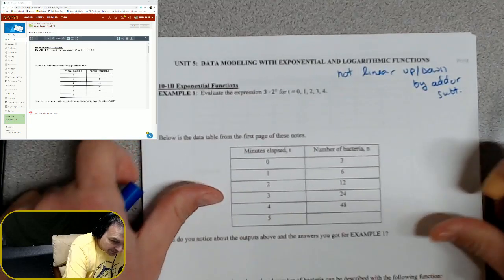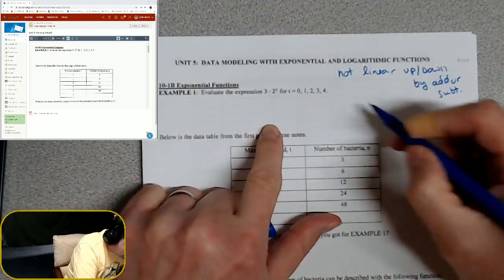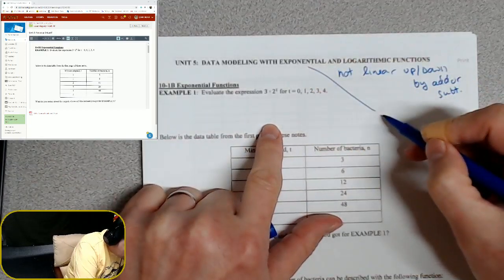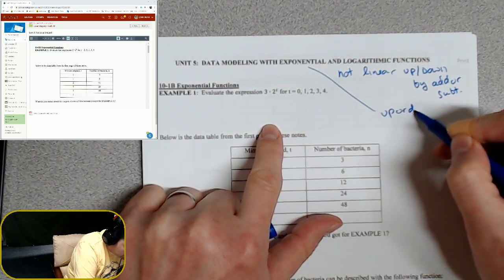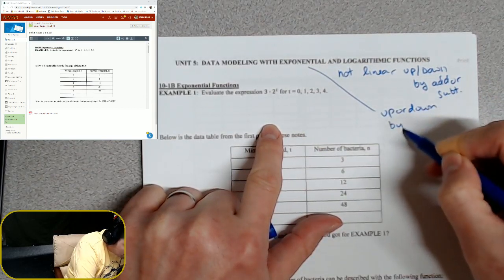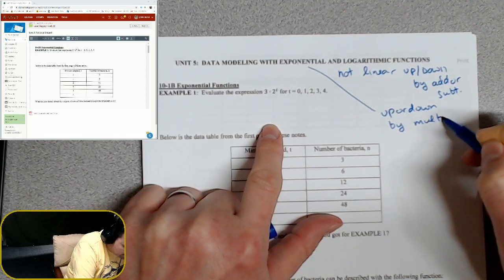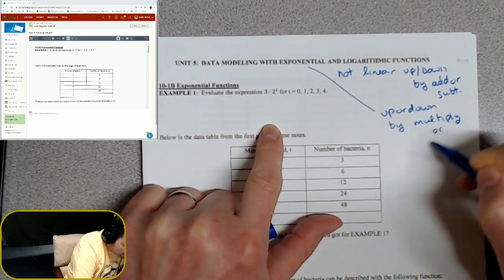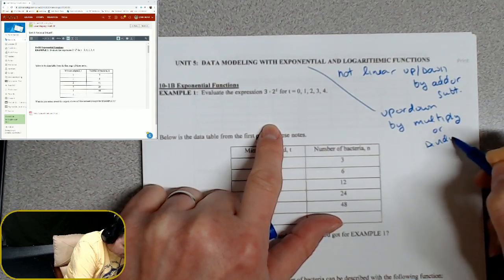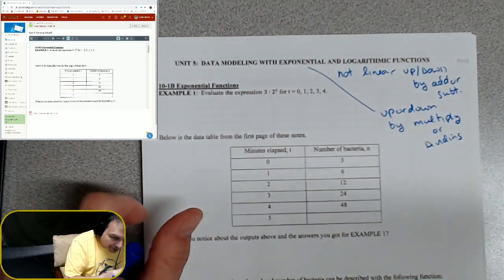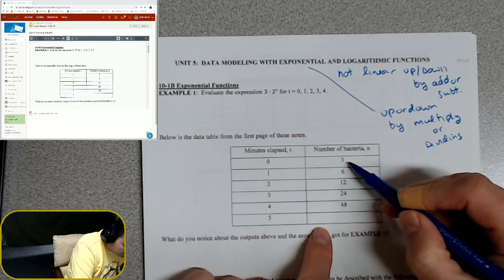This is how you can remember it: linear is adding or subtracting, whereas exponentials go up or down by multiplying or dividing.